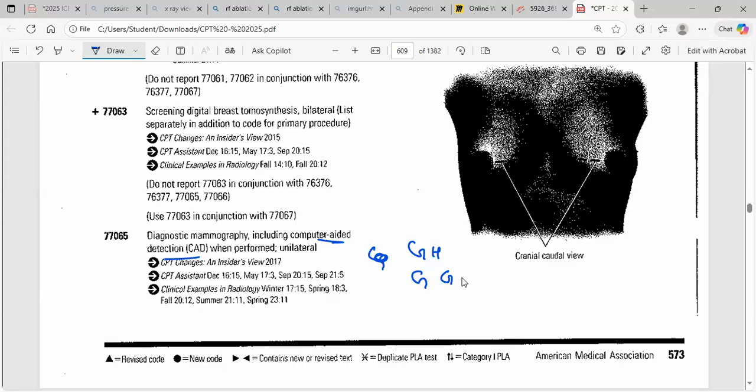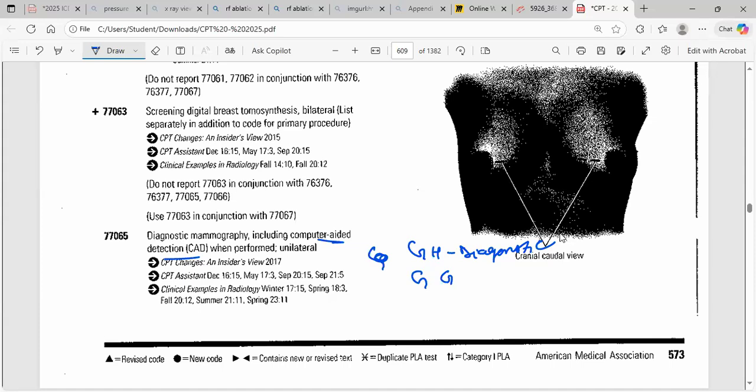Then we are going to use the modifier GH. So if we are going to bill the diagnostic only, the patient is scheduled for the screening, but during the screening procedure, he found some abnormalities, which turns that screening procedure into the diagnostic mammogram. So we are going to bill the modifier GH.